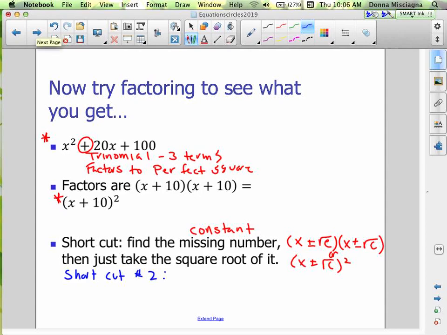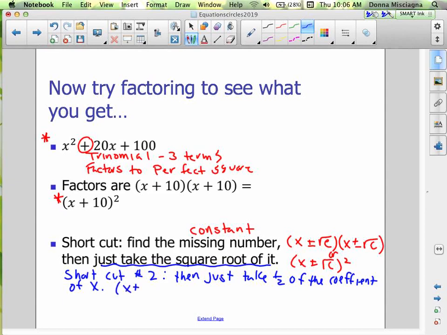So it's telling you what to do for this part. All right, so then just take half of the coefficient of x. It's the same number. Right? So that means this would be x plus or minus b divided by 2, because this number right here is b. This is a.